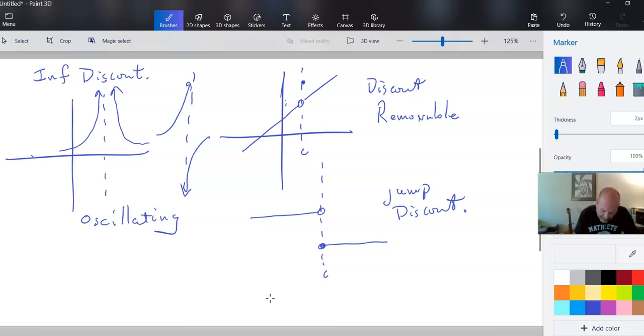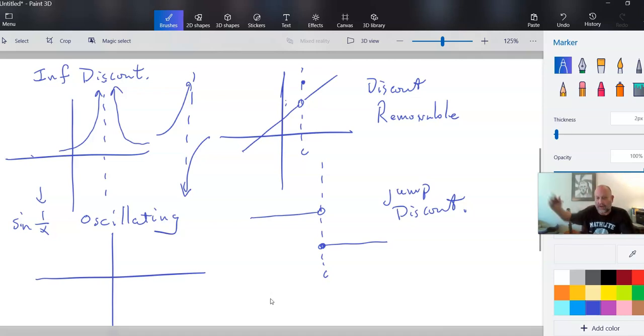But for example, the graph of sine of 1 over x is one of those ones that has an oscillating discontinuity, because what happens as you approach 0, this quantity inside goes to infinity, right? It gets bigger and bigger and bigger. And so the effect is all of the sine oscillations that go off to infinity all end up being compressed down into this little section here, right?